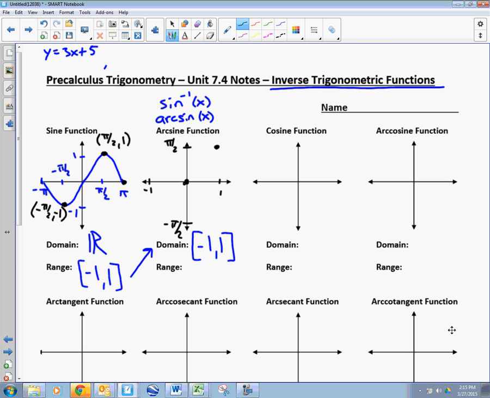So therefore, arc sine will have a coordinate of negative 1, negative pi over 2. And that's what we get. So that range just goes from negative pi over 2 to positive pi over 2.